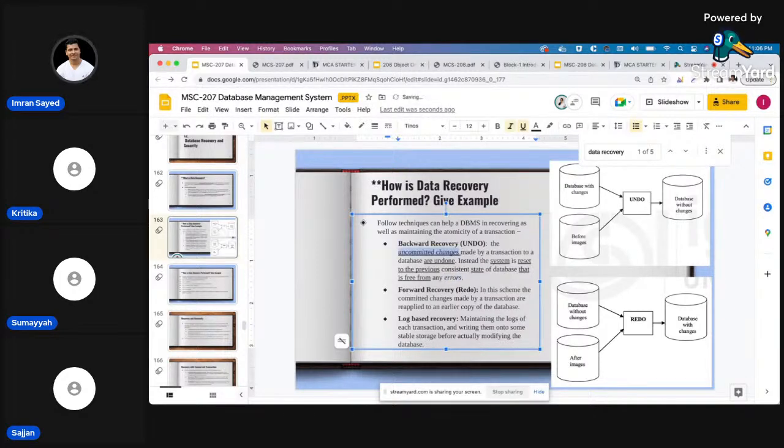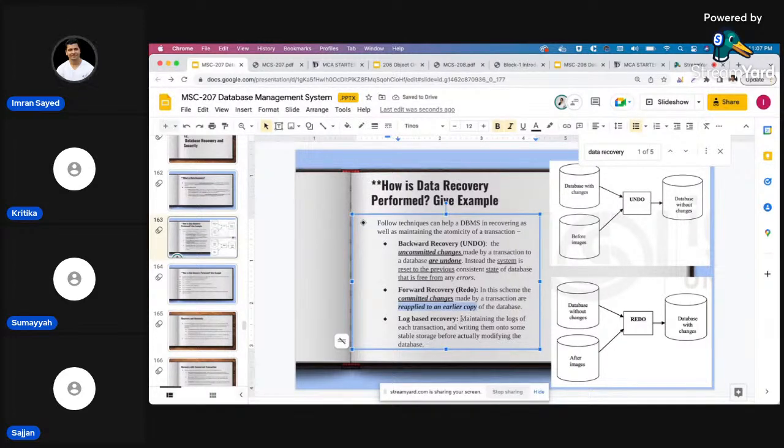So uncommitted changes are undone. In this scheme, committed changes are reapplied. Committed changes reapplied to an earlier copy.